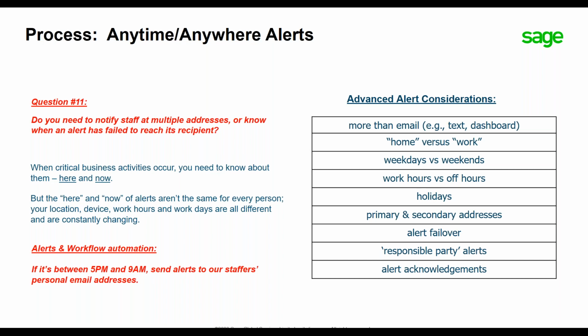Now, alerts can be delivered internally, but they can also be delivered externally. In some cases, a lot of our partners use Sage Alerts and Workflow to notify them that something's wrong in their customer's scenario. But for you as customers of ours, do you want to communicate information out to your clients? Do they want to know when a product is ready to be shipped?